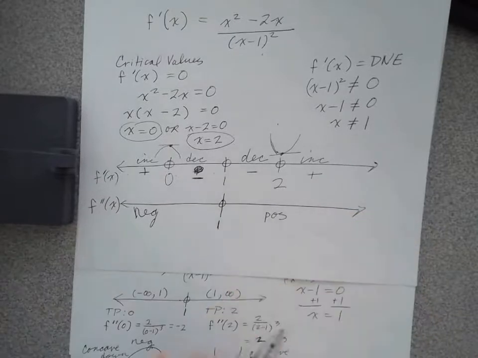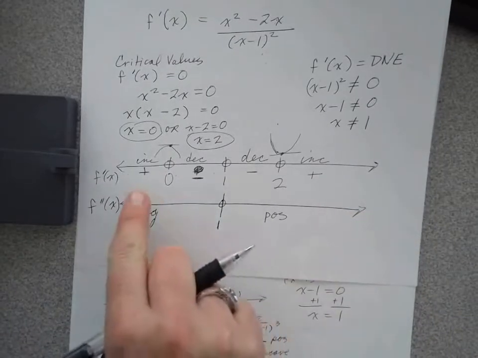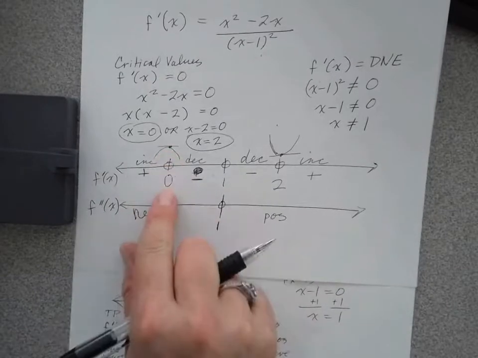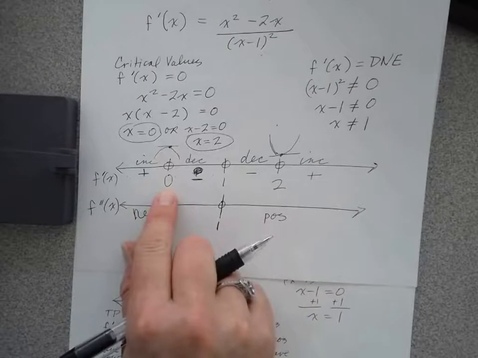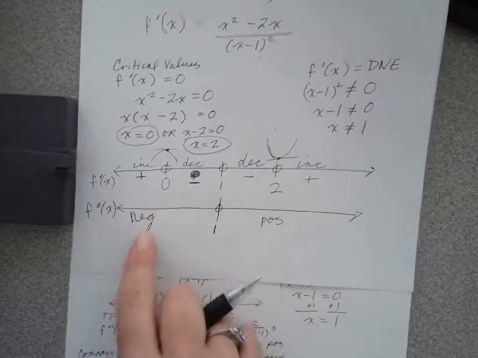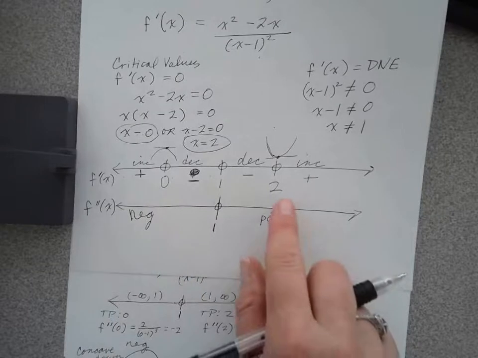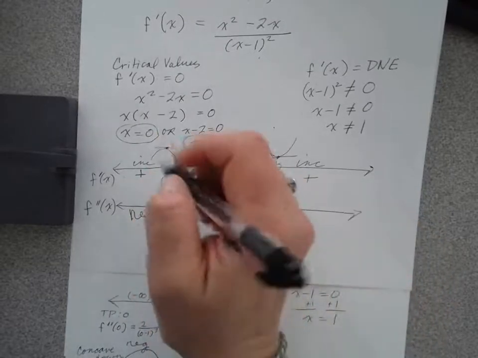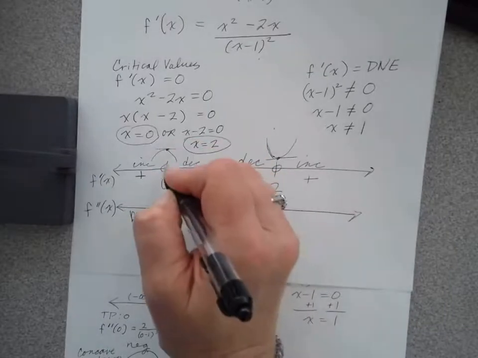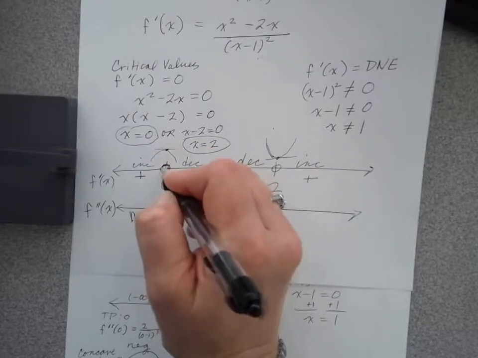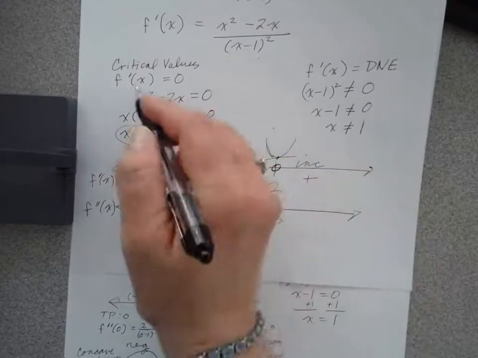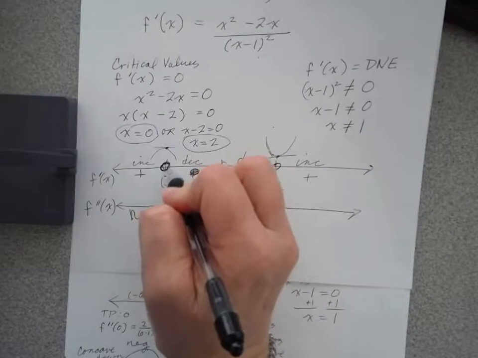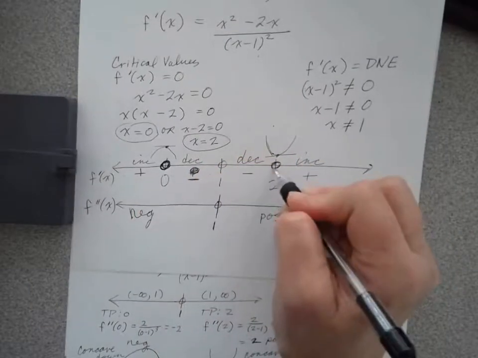Okay, so the second derivative test says if the first derivative is equal to 0, we had the values where the first derivative was equal to 0 here at x equals 0 and at x equals 2, because we took the first derivative and set it equal to 0.